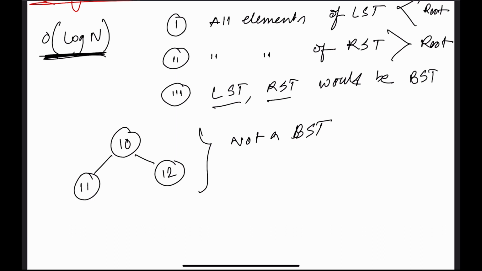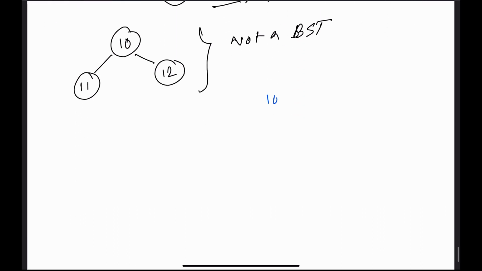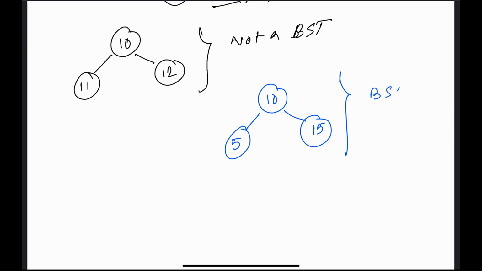But if I have this, the root is greater than the left element and the right element is greater than the root. That means it is a binary search tree, BST. So this is a basic example.